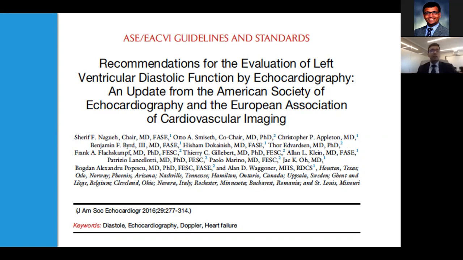And in the very near future, a newer document is expected that will be revising some of these foundational concepts that were presented in the 2016 guideline document. However, for this particular session, and particularly related to the echo boards for this year, I'm going to relate to the findings or the features that were described in the 2016 guidelines.